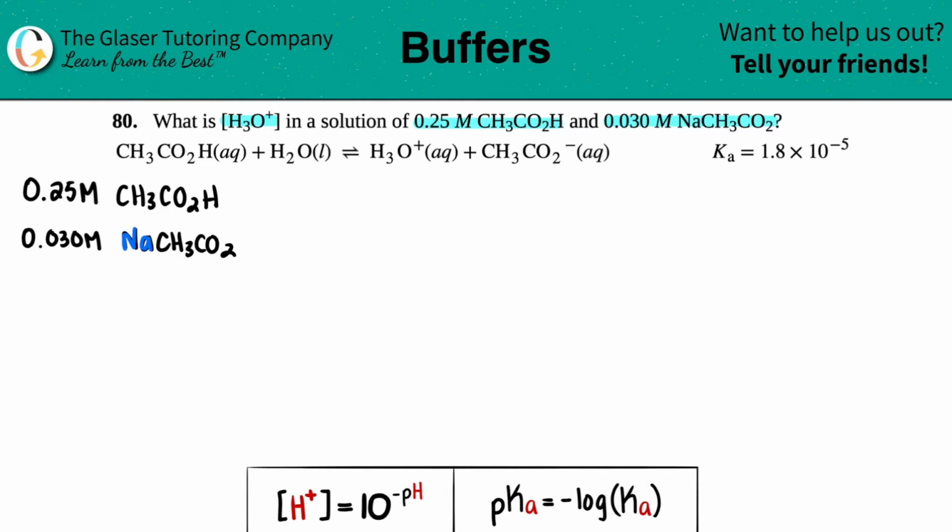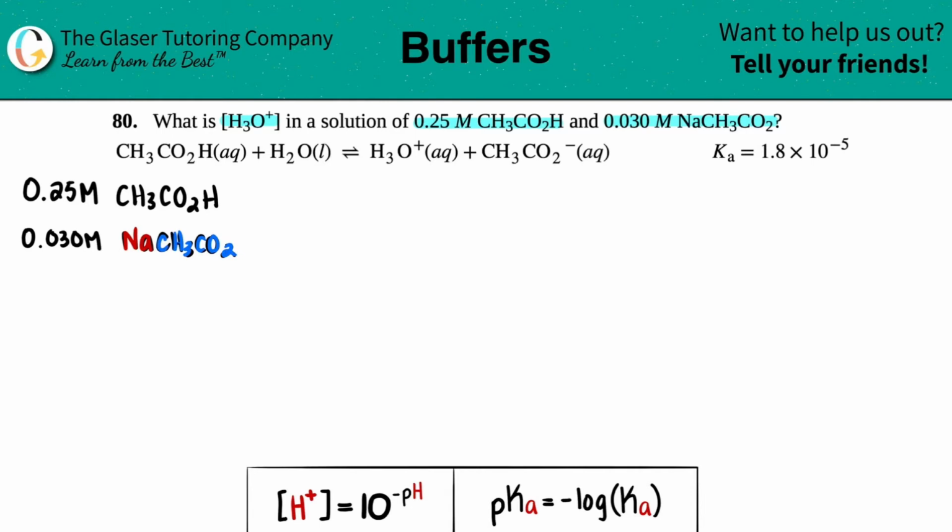And for a salt, we have to strip away the component that we don't care about. There are two components here, and to color code this, I'll put the Na in red, because the two components are the Na and the CH3CO2.